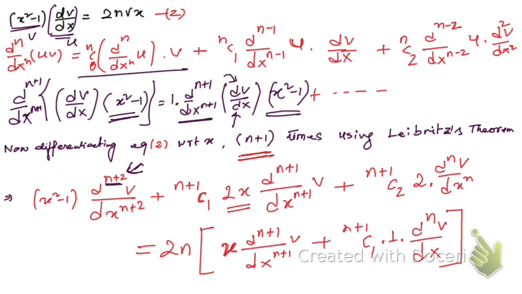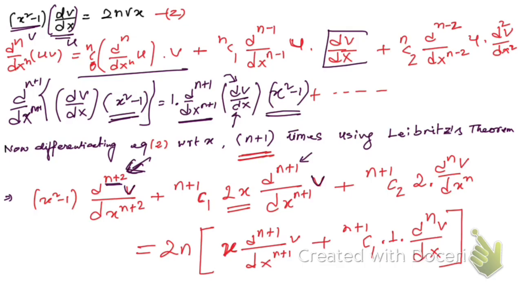Here you see, now we have reduced the order of the derivative of v by 1, and we need to take the first order derivative of v. Here v is taken as this one.